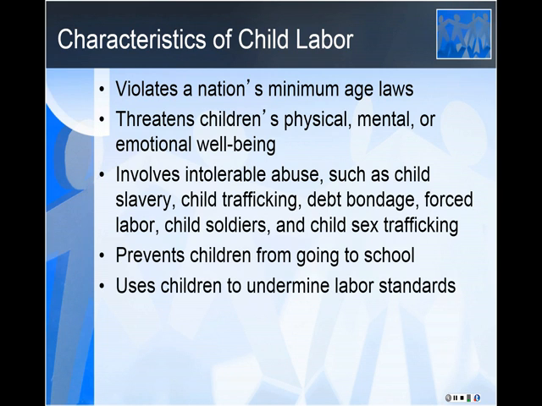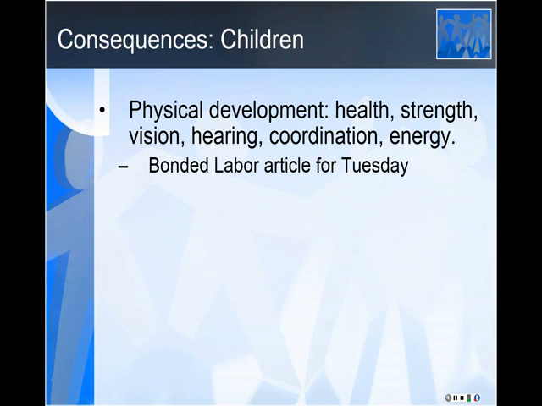And then it uses children to undermine labor standards, and this is the point that Zehra Arat makes in her article, about the use of children being less expensive and more disposable, which gets into an element of the new slavery that Kevin Bales talks about. Okay. The physical development, again, consequences for children, and that's the bonded labor article that's in your book. Forget this article for Tuesday business, all right?